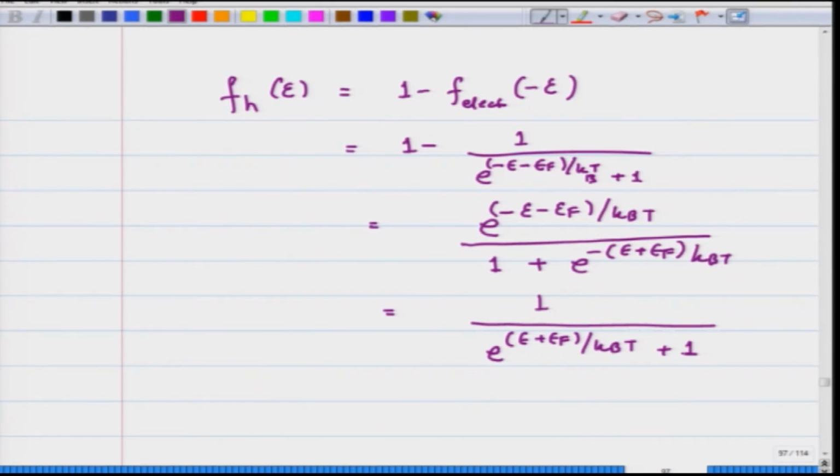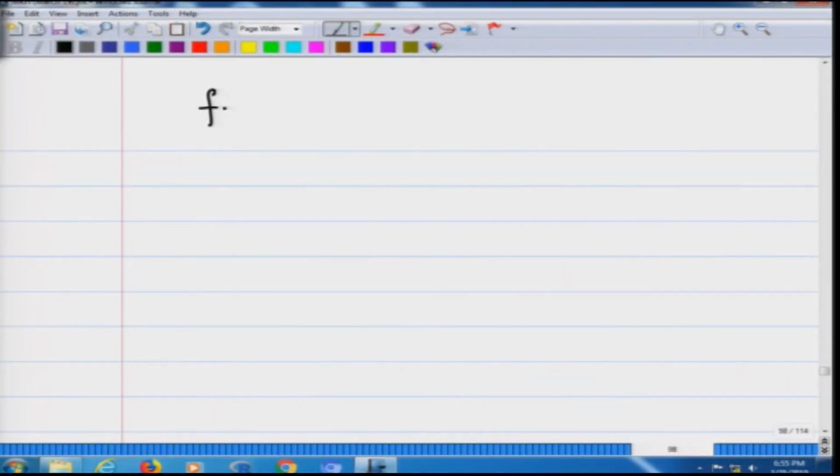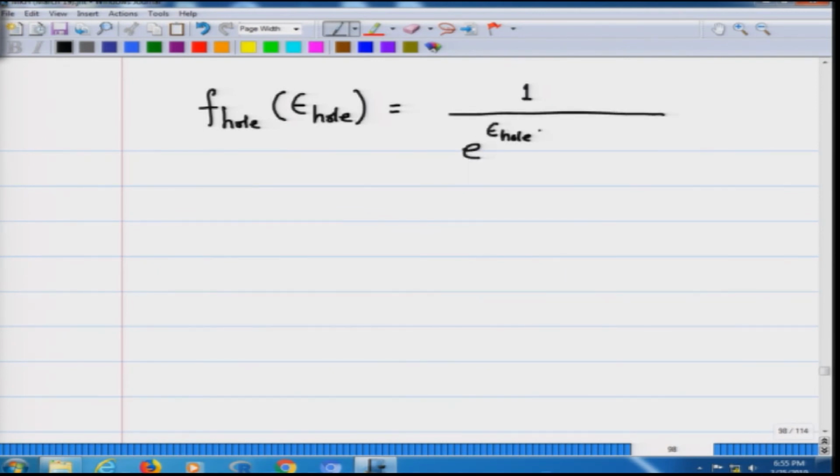So, we have calculated the occupation probability for the hole as a function of energy of the hole as equal to 1 over e raised to (ε_hole + ε_f) over k_BT plus 1. Epsilon f does not change, it is the property of the system.